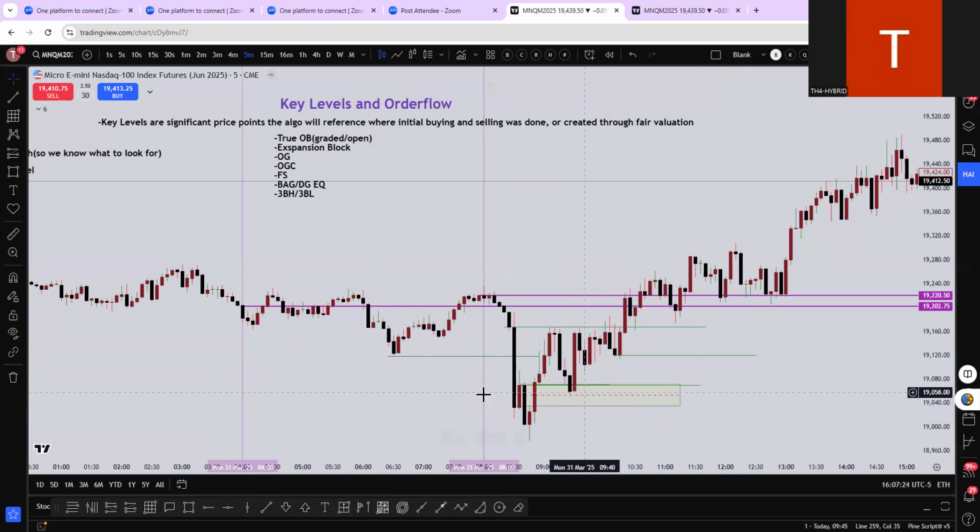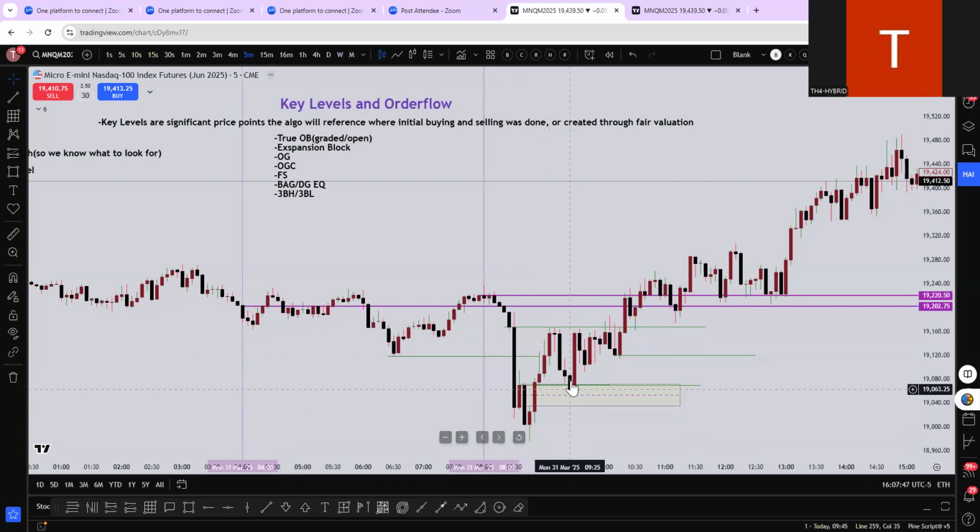So now we've got a cluster of key levels, which is always going to be more confirmation for what we want to see. Bullish order block, bullish key level, failure swing of sell side. We always buy sell side liquidity inside of a bullish gap. So we're looking for bullish reactions here.